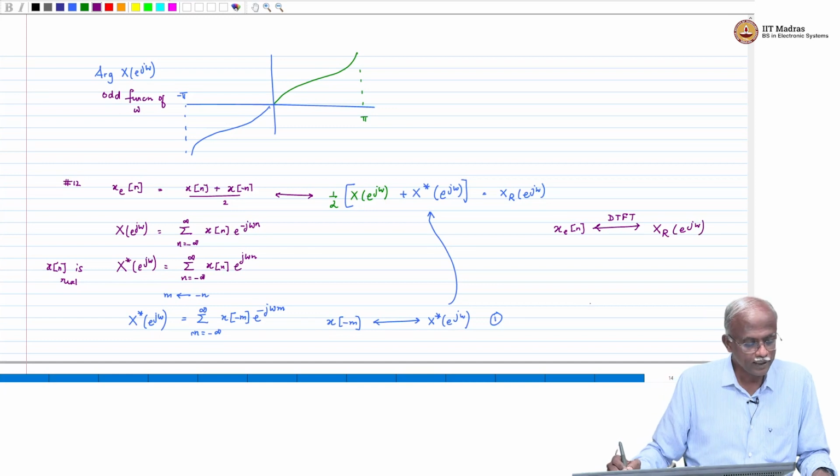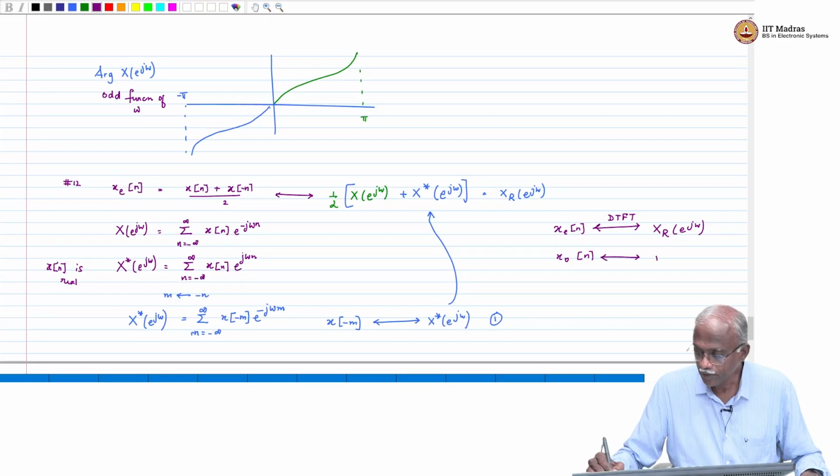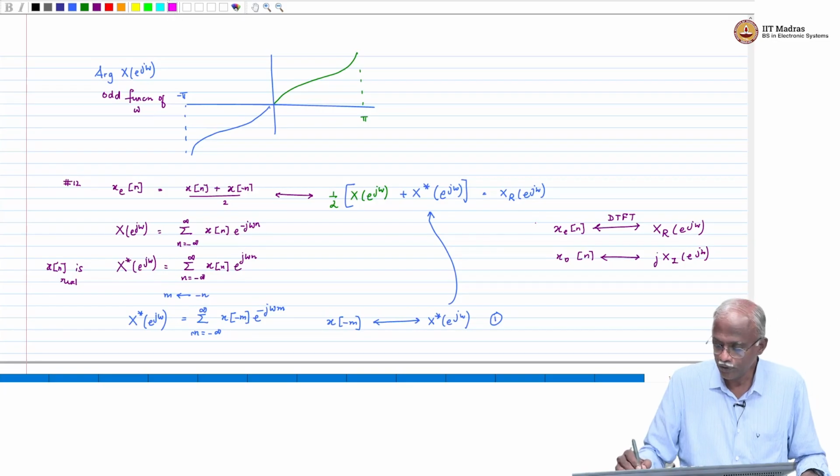Okay, and similarly the odd part of x of n will map to j times X_I(e^{jω}). Okay, so this again I would like you to make sure you verify both of these.